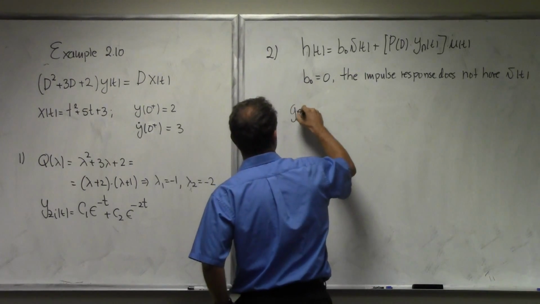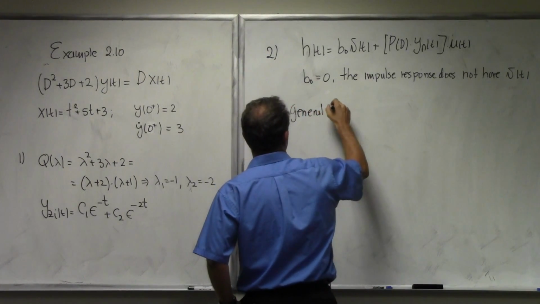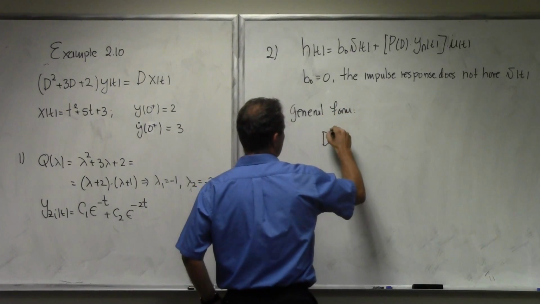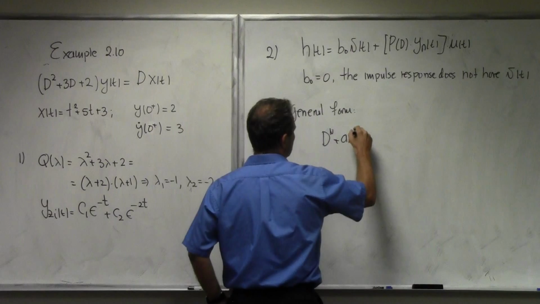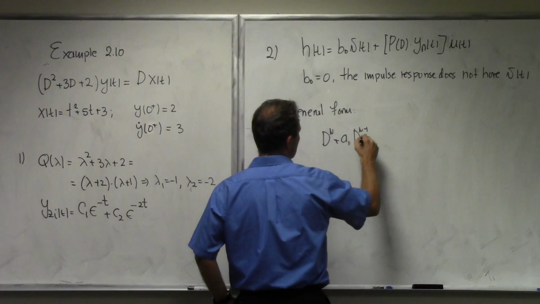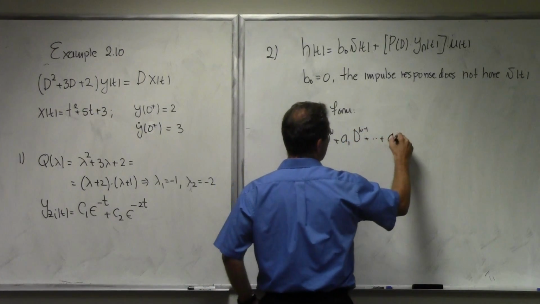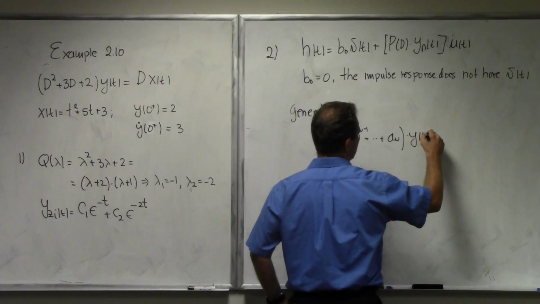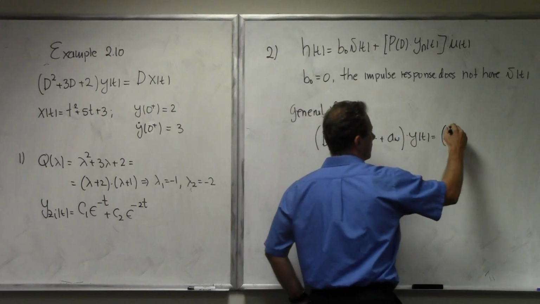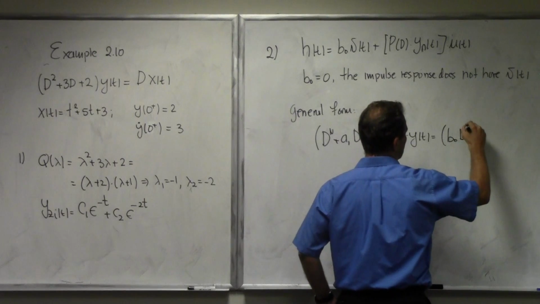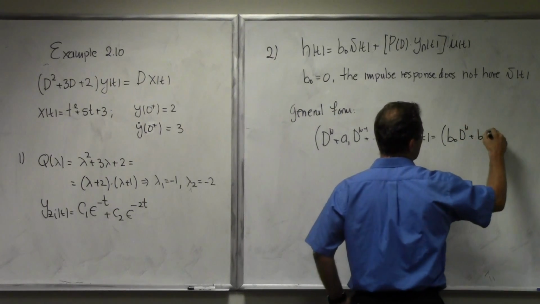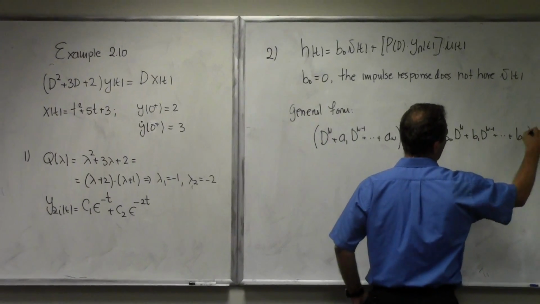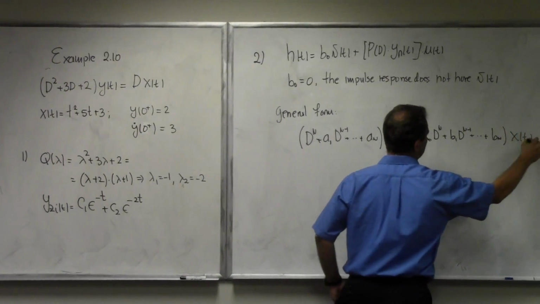The general form of this equation is: D to the power n plus a1 D to the n minus 1 plus and so on plus an, operating on y of t, is equal to b0 D to the n plus b1 D to the n minus 1 plus and so on plus bn, operating on x of t.